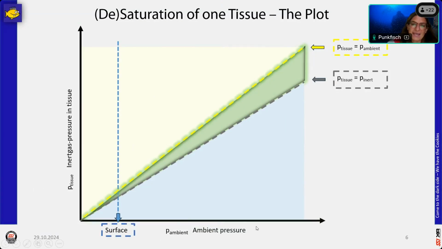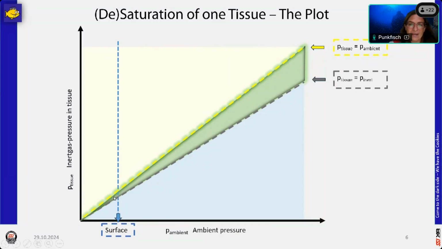Here we have the ambient pressure, a high ambient pressure getting higher and higher, starting in a vacuum, starting at 0, which is not relevant for diving, but can be relevant somewhere below sea level surface pressure.